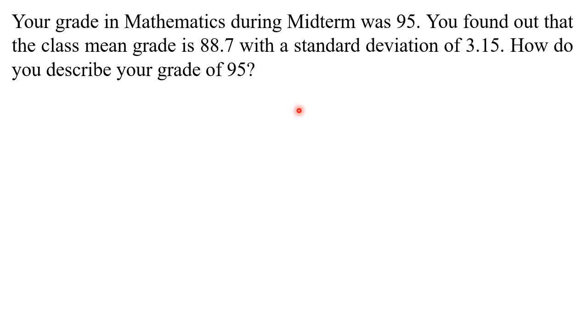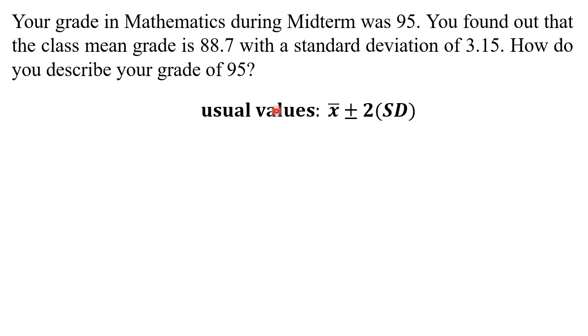So another one is, your grade in mathematics during midterm was 95. You found out that the class mean grade in your section is 88.7 with a standard deviation of 3.15. How do you describe your grade of 95? Do you consider it to be usual or unusual?